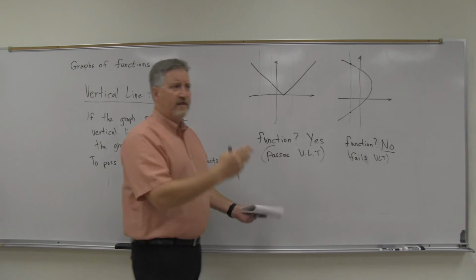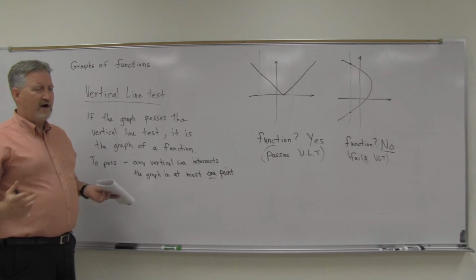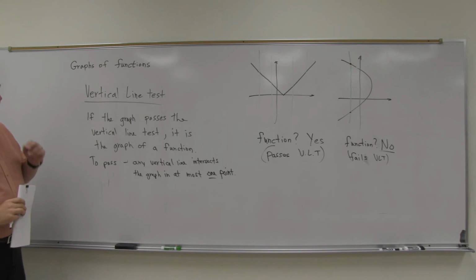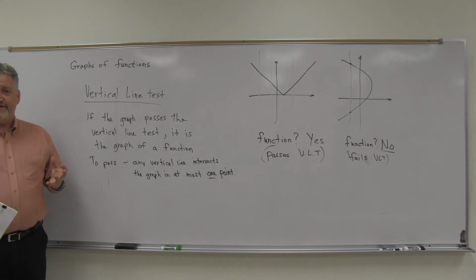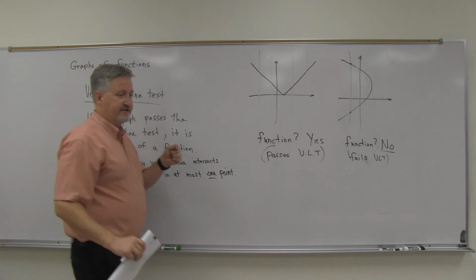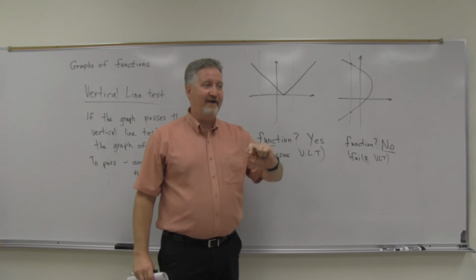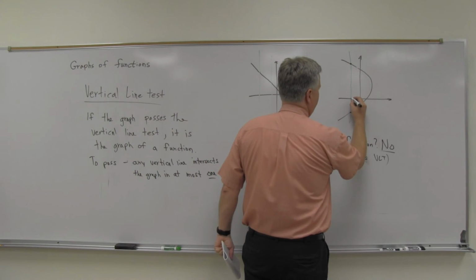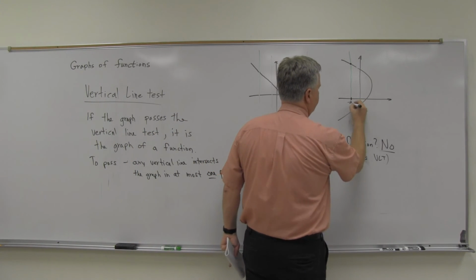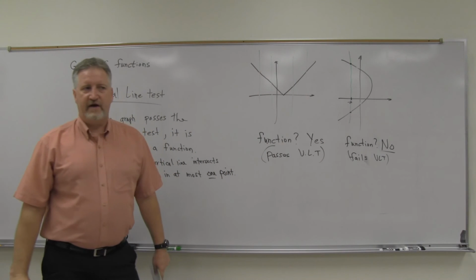Now, this is a good one to show you why the vertical line test is a test for functions. It does go back to the definition of function. Remember, to be a function, one x goes to what? One y. Well, look at this x value right here. I don't know what it is, but let's call it -2.